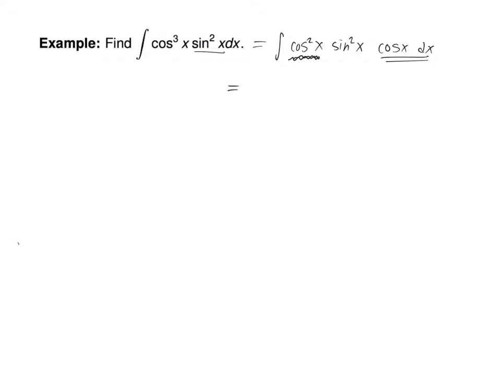So what does cosine squared change into then? 1 minus sine squared. And then your u will be sine x, and your du will be cosine x dx, right?